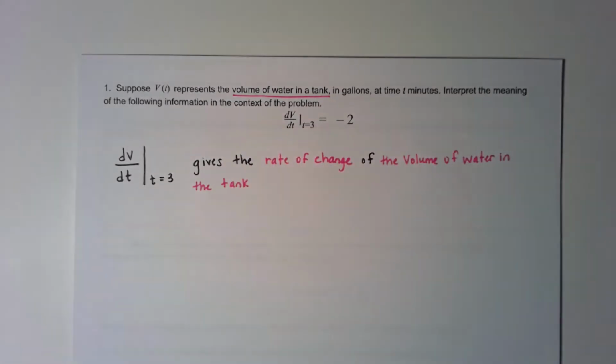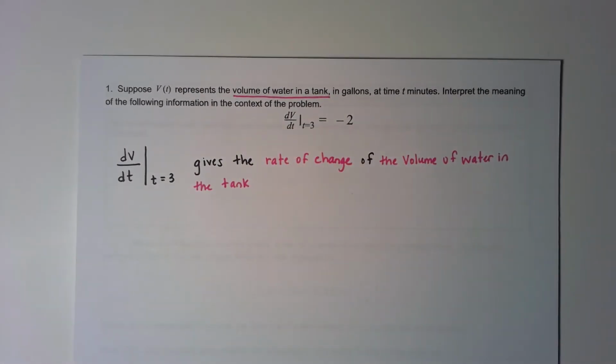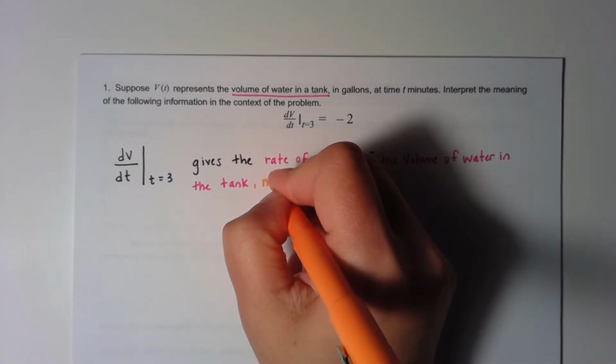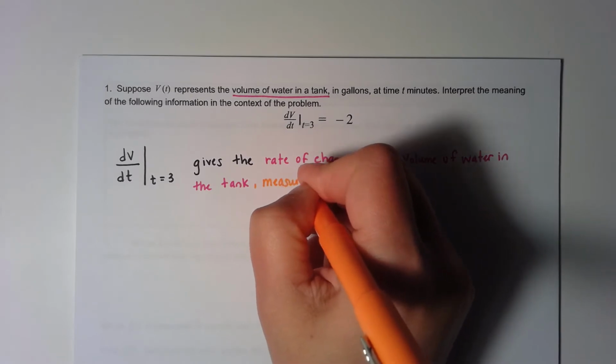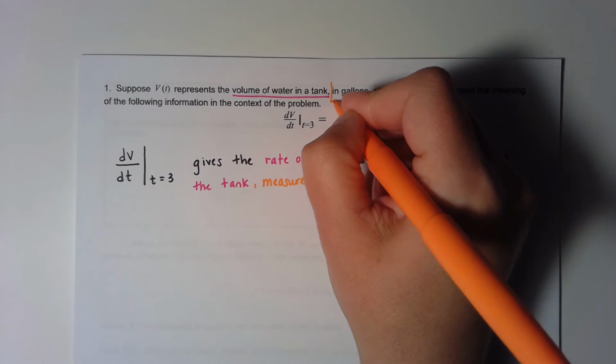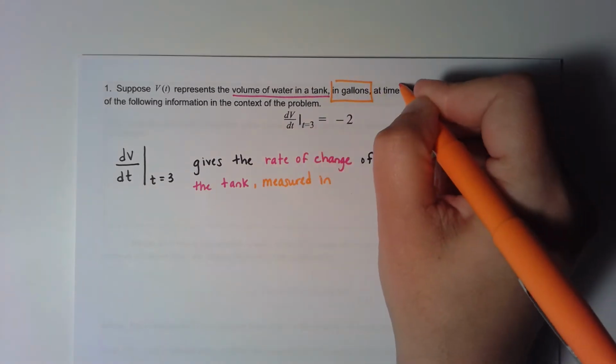So that's our noun. That's the rate of change of the volume of water in the tank. Now we need our units. So we're going to say measured in gallons, because we're measuring our volume in gallons, and T is going to stand for minutes.